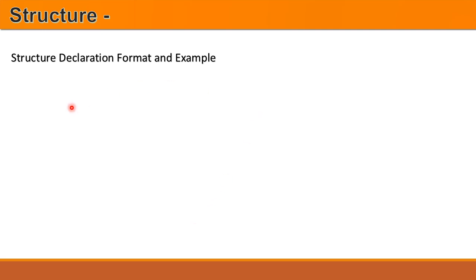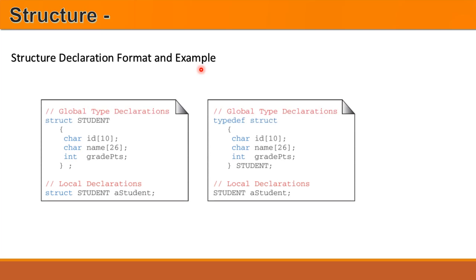Now we will see how to declare a structure and its example. We have seen two different methods to define or declare a structure. So how can we create the variables of a structure?